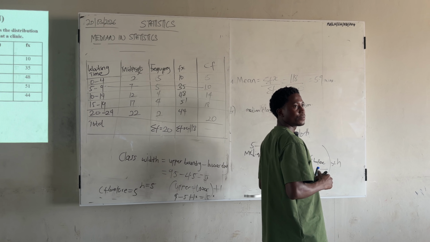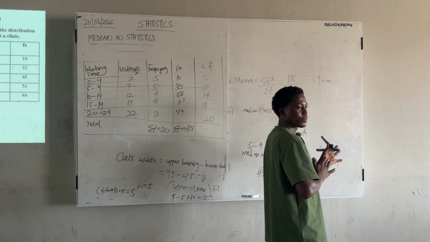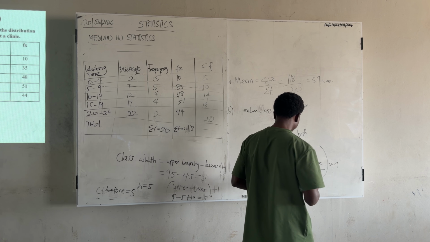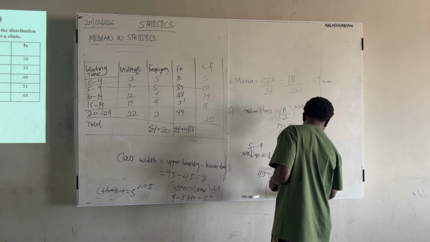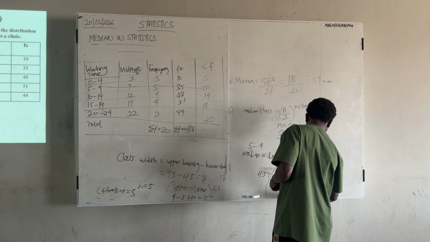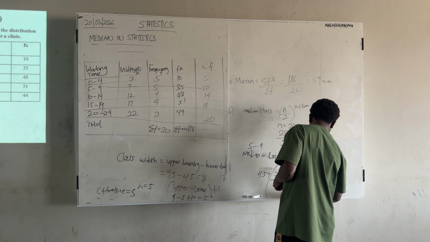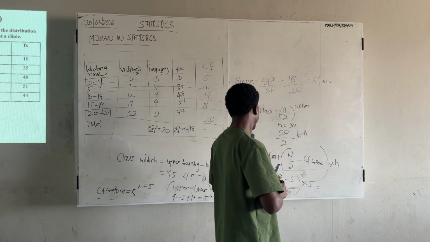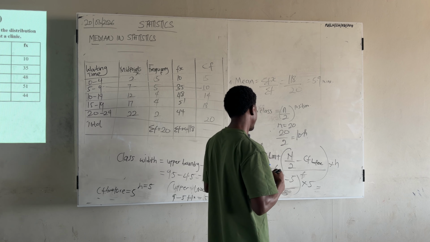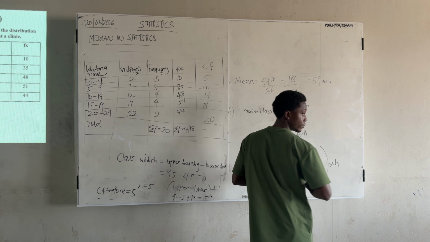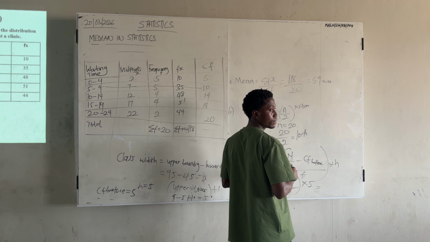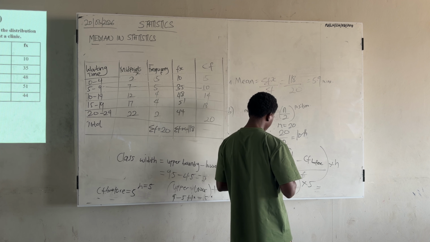So let's do the computation. The top one will be 10 minus 5, so the bracket inside is 1. So it will be 4.5 plus 5 times the bracket, which is 1.